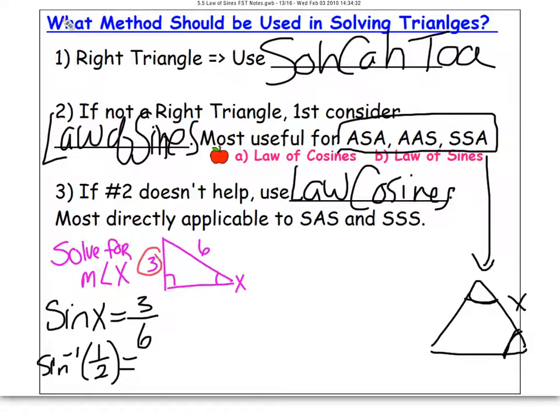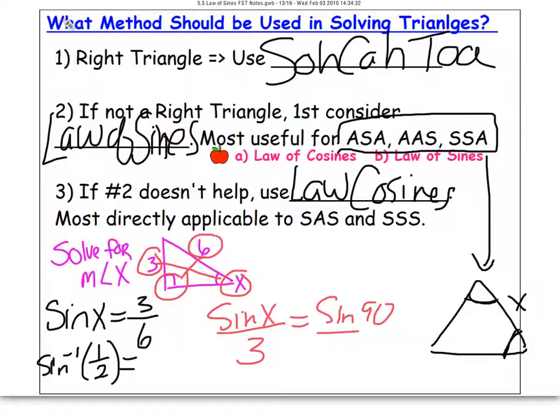It could. What you can do is use this as a relationship. You would type the sine of x over 3 is equal to the sine of 90 over 6. To mathematically solve this, you'd multiply both sides by 3.